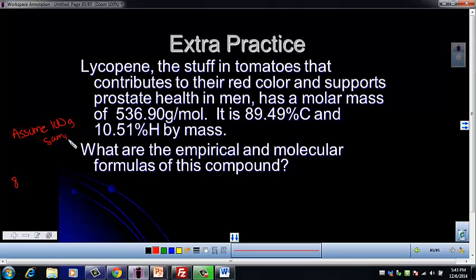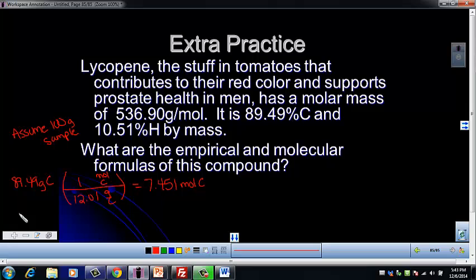And that tells us that we will have 89.49 grams of carbon. We're going to convert that to moles, so grams of carbon on the bottom, moles of carbon on top. We know that 1 mole of carbon has 12.01 grams. And for that, I got 7.451 moles of carbon.